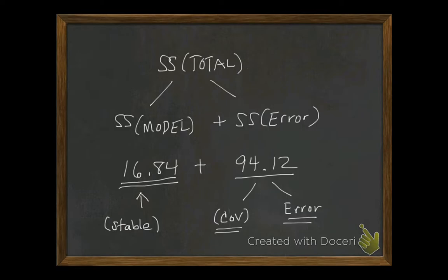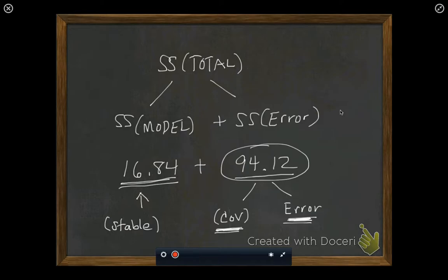By adding the covariate, we expect this 94.12 to be partitioned into two sums of squares, explained and not explained, and the 16.84 to remain stable. Do I think that's going to happen? I have no idea.